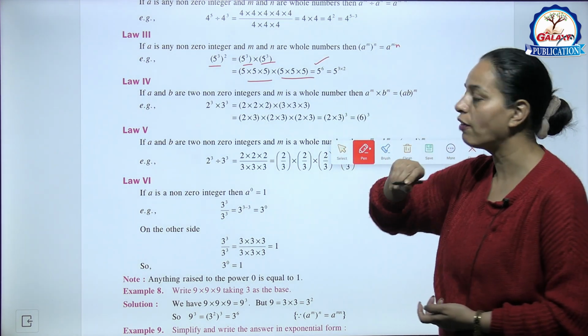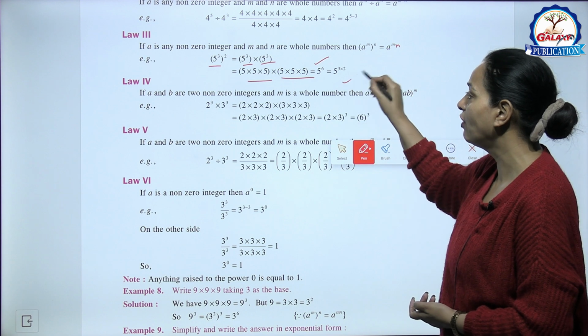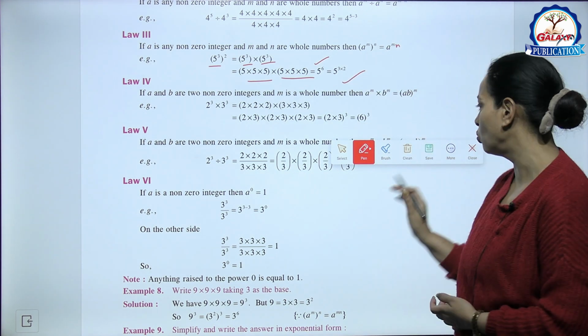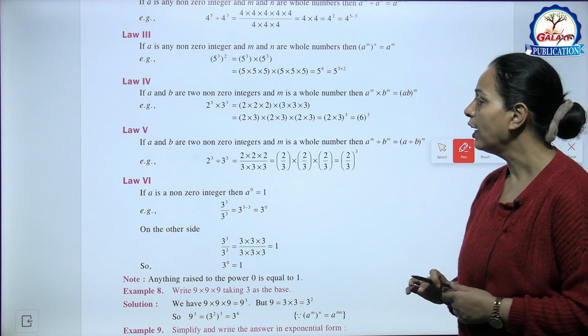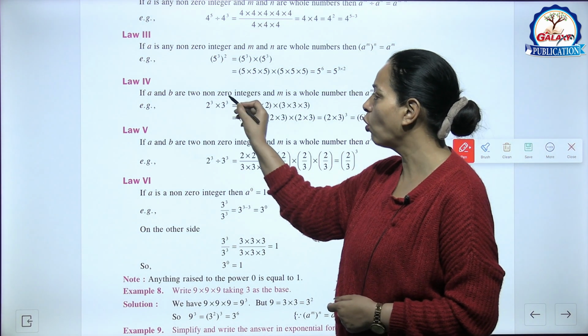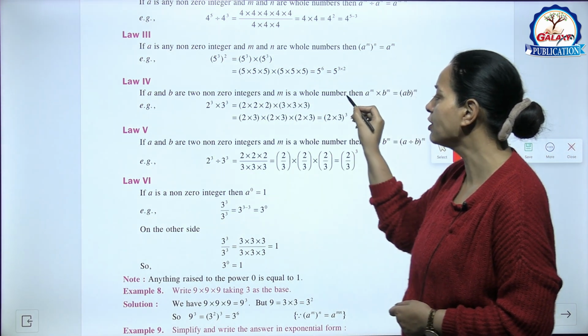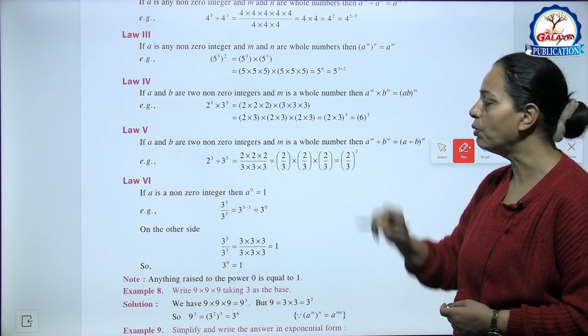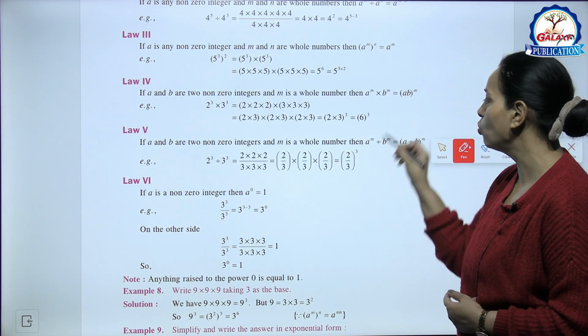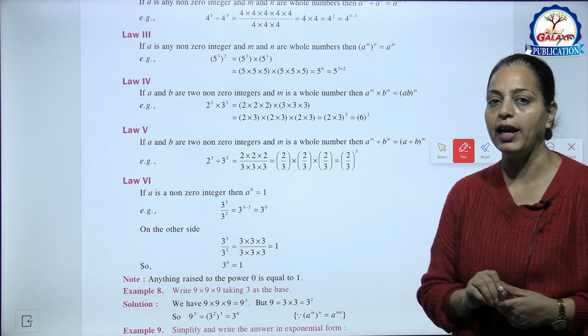So 5 raised to the power 6, so it becomes 5 raised to the power 3 into 2. Right? Now see the next, law 4. So here, if a and b are any two non-zero integers and m is a whole number, then a raised to the power m into b raised to the power m equals a into b whole power m.